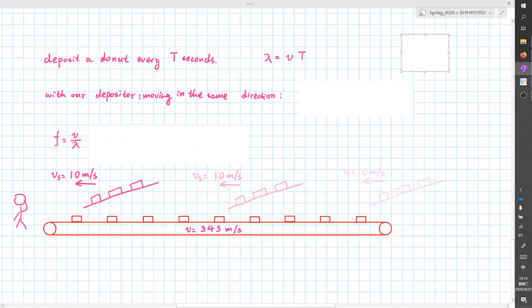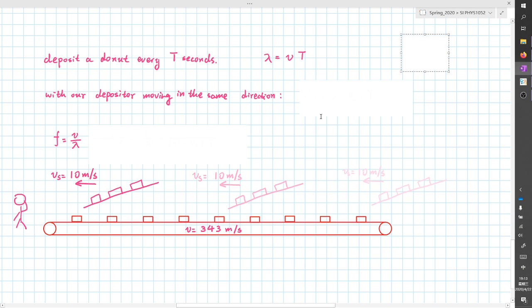With our depositor moving in the same direction as the conveyor belt, we should expect the distance between each donut to get smaller, because to the donut depositor, the conveyor belt is not traveling as fast as it used to.